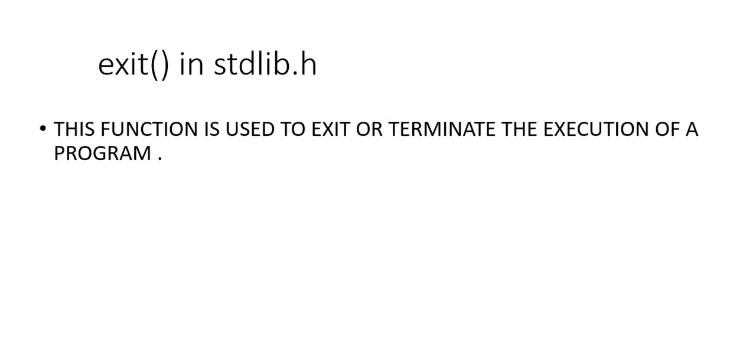And you can even use the goto statement, which is a branching statement. When it is given inside a loop and the label is given outside, the control of the program will automatically be shifted to that particular label. And finally, the exit function, which is used to terminate the execution of the program.